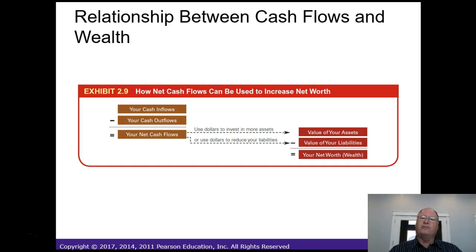You can use those dollars to reduce your liabilities, so that as the value of your assets increases and your liabilities decrease, your net worth, your net wealth, is going to increase. Now, if you just use cash to pay down a current liability, you notice what happens on the balance sheet. Your assets decrease and your liabilities decrease by the same dollar amount, which means your net worth hasn't changed. But it also positions you to not necessarily be affected as much by things like economic conditions.